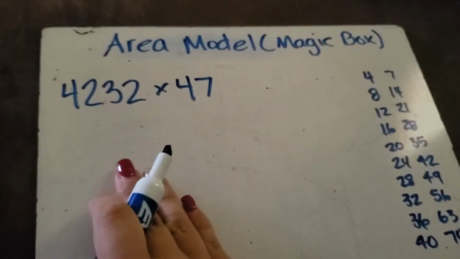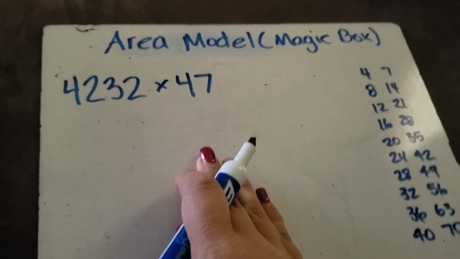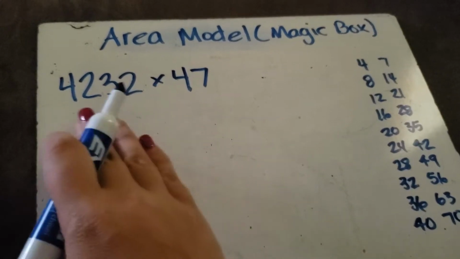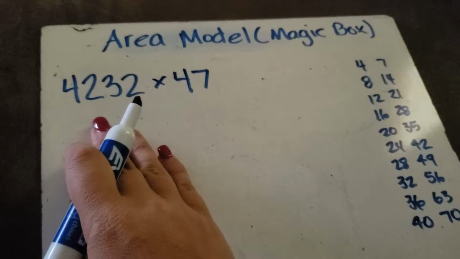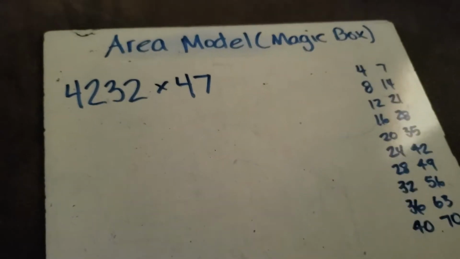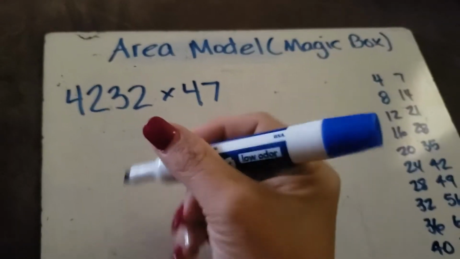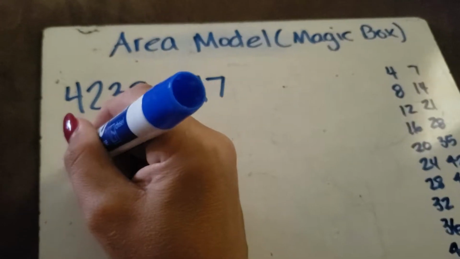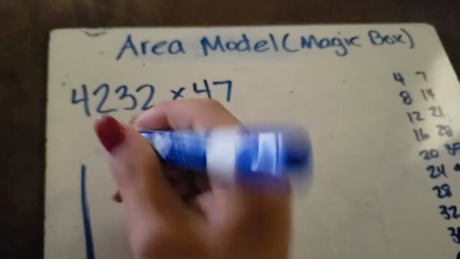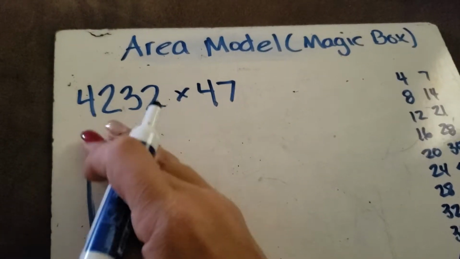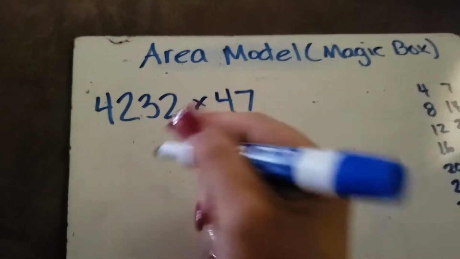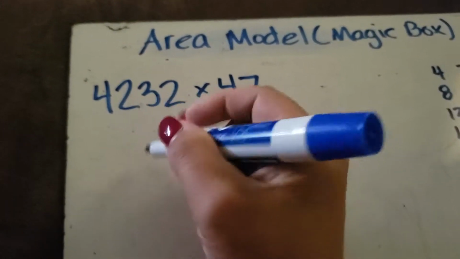So whenever we are doing an area model, we have to break our number into expanded form. So in breaking it into expanded form, we are first going to draw a box. Let me give myself a little bit more space. I'm gonna need just a little bit more space here. Sorry.